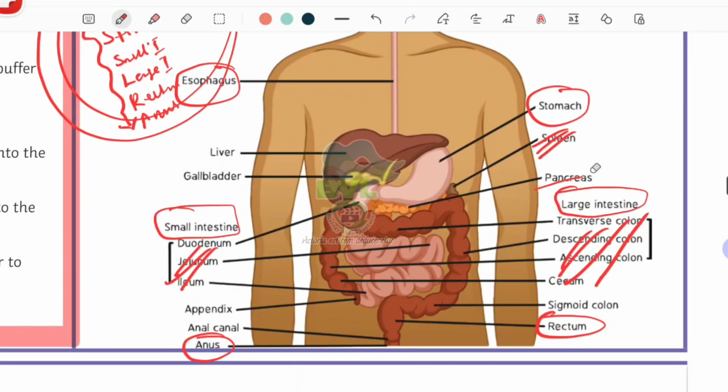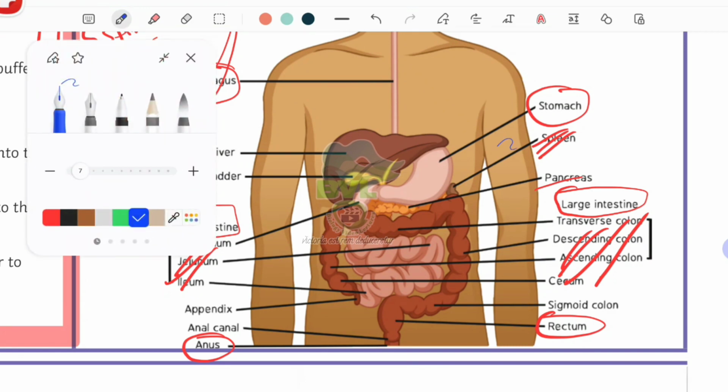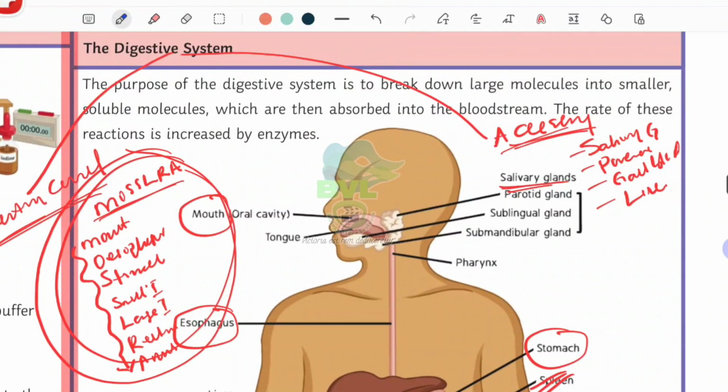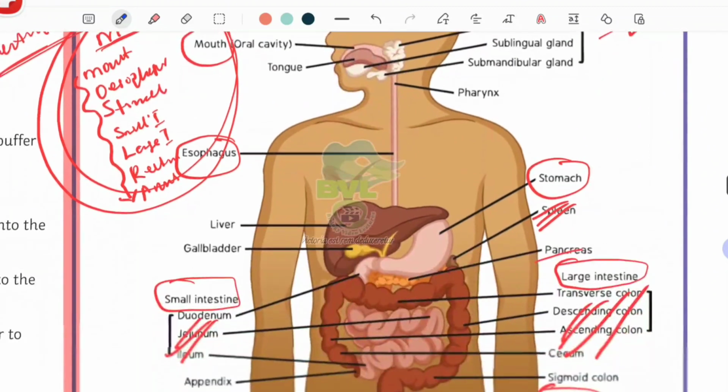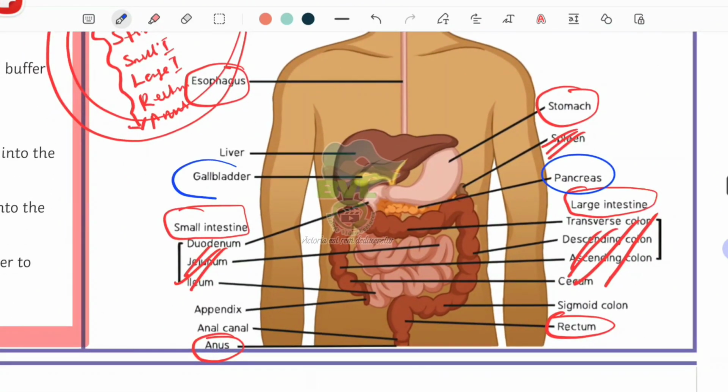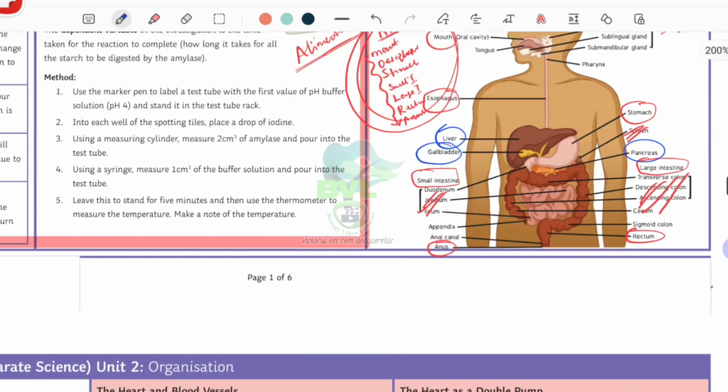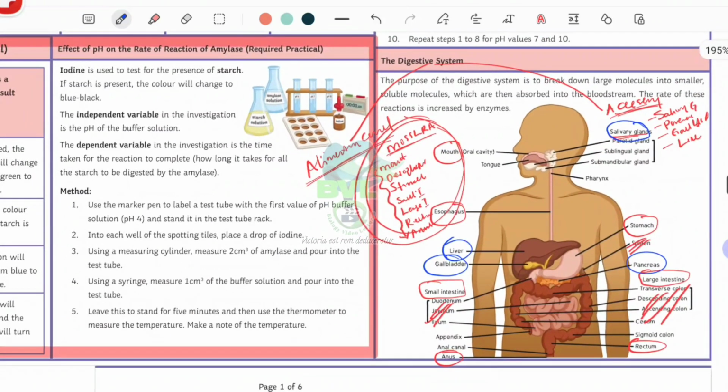Let me use another color for that. So all these in blue, the gallbladder and the liver, all those are called accessory organs. Both accessory organs and alimentary canal form the digestive system.